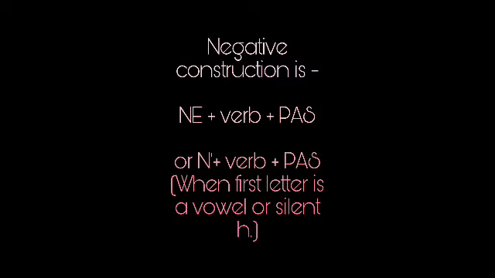We will put ne plus verb plus pas, or n' plus verb plus pas when the first letter is a vowel or silent h. It's a basic general rule to make a negative sentence in French.